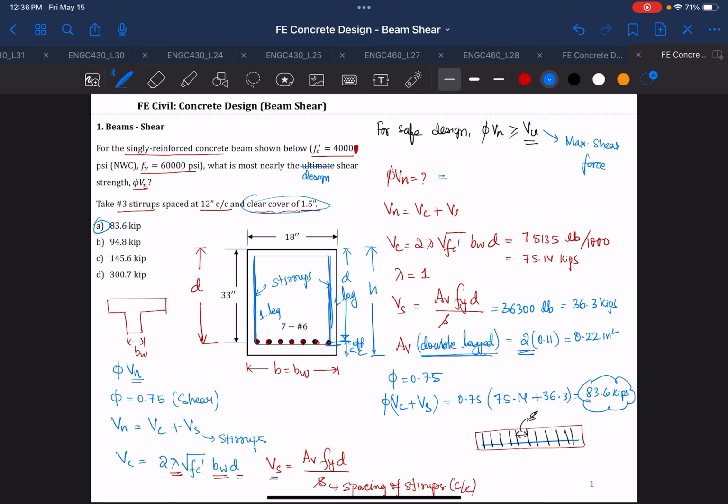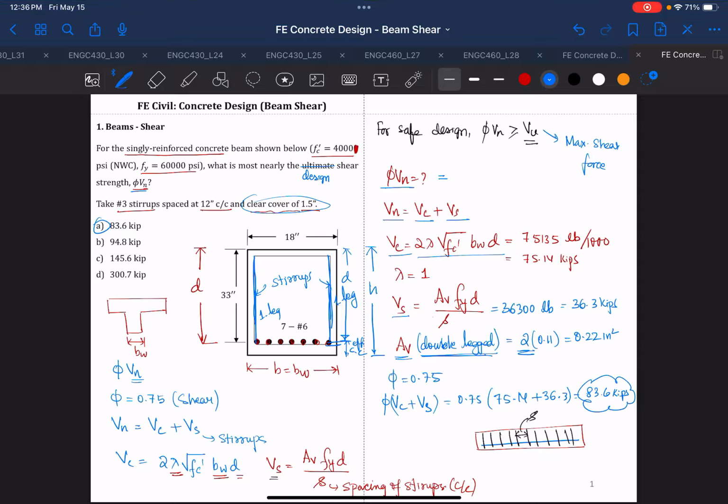This is for design shear strength, which is phi Vn, and we know that Vn is nominal shear strength, and the shear strength is provided by the concrete and the stirrups. For concrete we use this equation, and then for stirrups we use Vs.